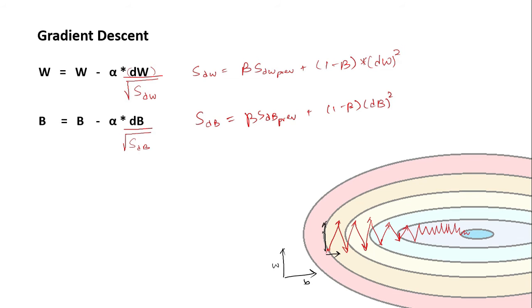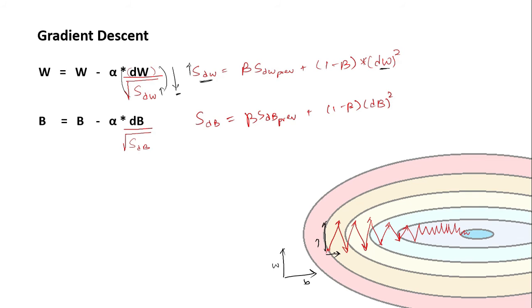So as the movement in the vertical direction is higher, dW is going to be higher, and thus SdW is going to be higher. And as we are dividing by the square root of SdW, which is higher, this overall quantity is going to be lower. Thus W is going to be updated by a smaller quantity, and the vertical movement will reduce.